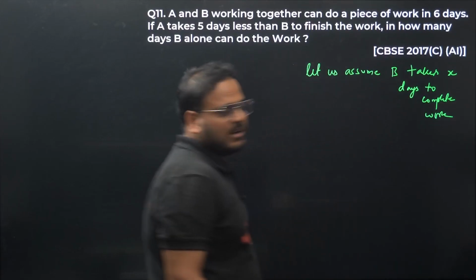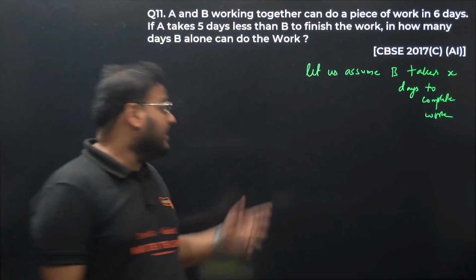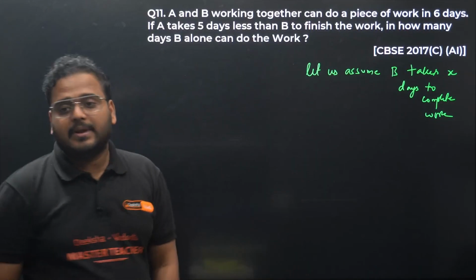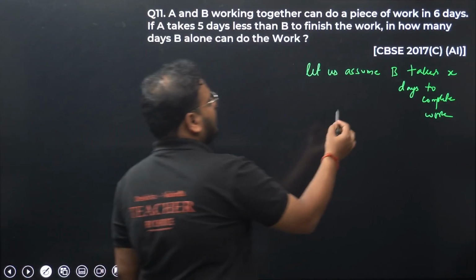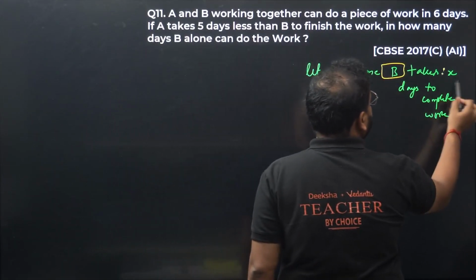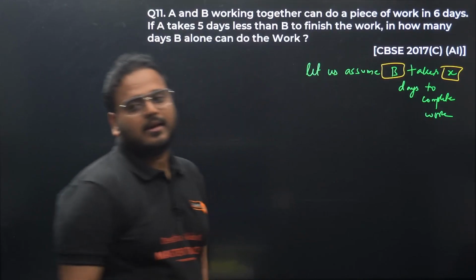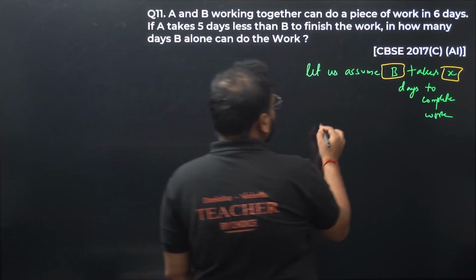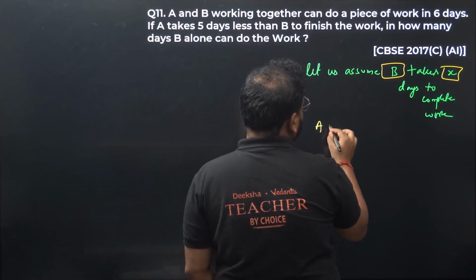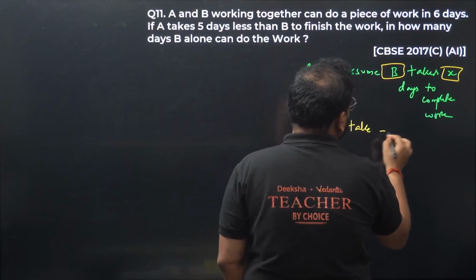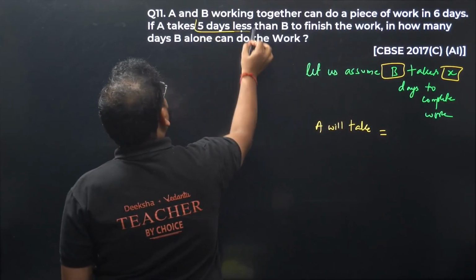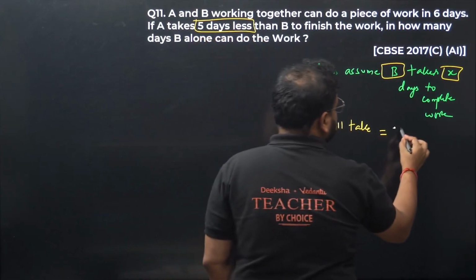This much is clear. Here the important thing is B and X days. Then what will happen to A? A will take, of course, they've given here 5 days less. It means X minus 5 days.